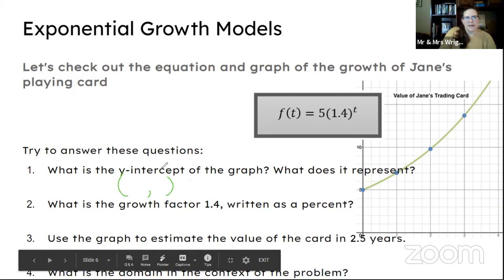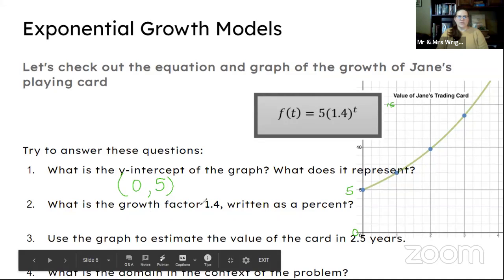Remember, when we have a y-intercept, our x is always 0, and our y is whatever this number is. So this graph is kind of hard to see the way I have it laid out, but this is 0, this is 5, this is 10, this is 15. So right here, where this dot is, where the line of the graph is crossing the y-axis, is 5. So that's our y value for the y-intercept.